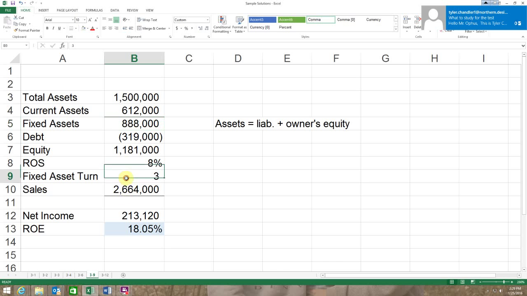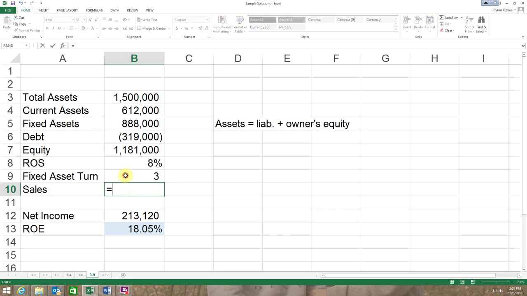A turnover rate of 3 times my fixed assets is what's going to give me my sales, right? So all I have to do is say that this is equal to that times my fixed assets. I get 2,664,000. Okay, then I should be able to calculate the rest pretty easy, right?